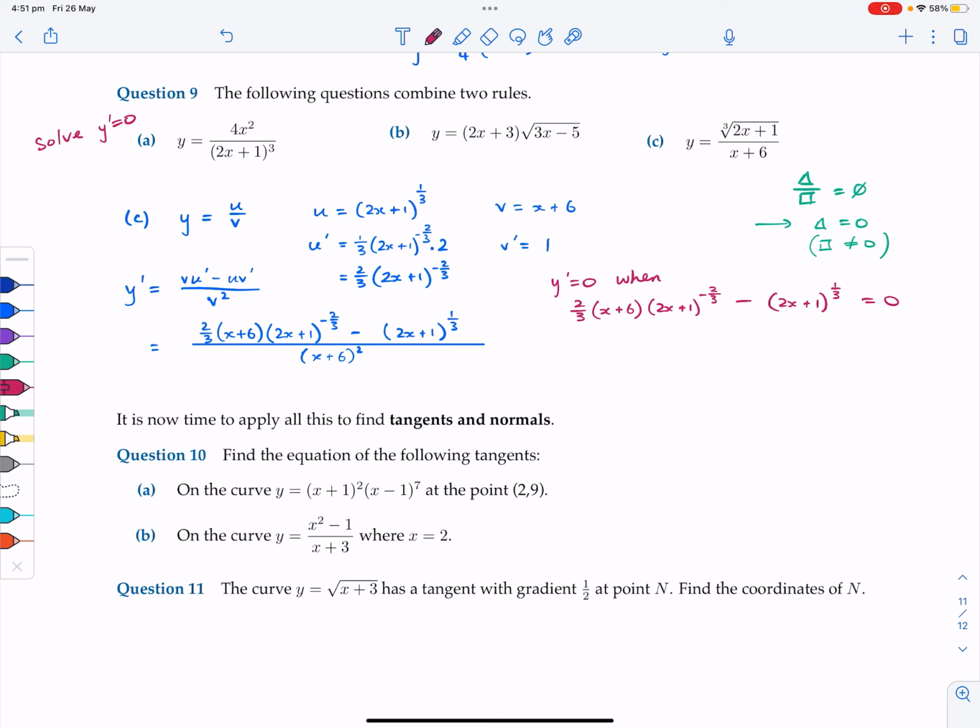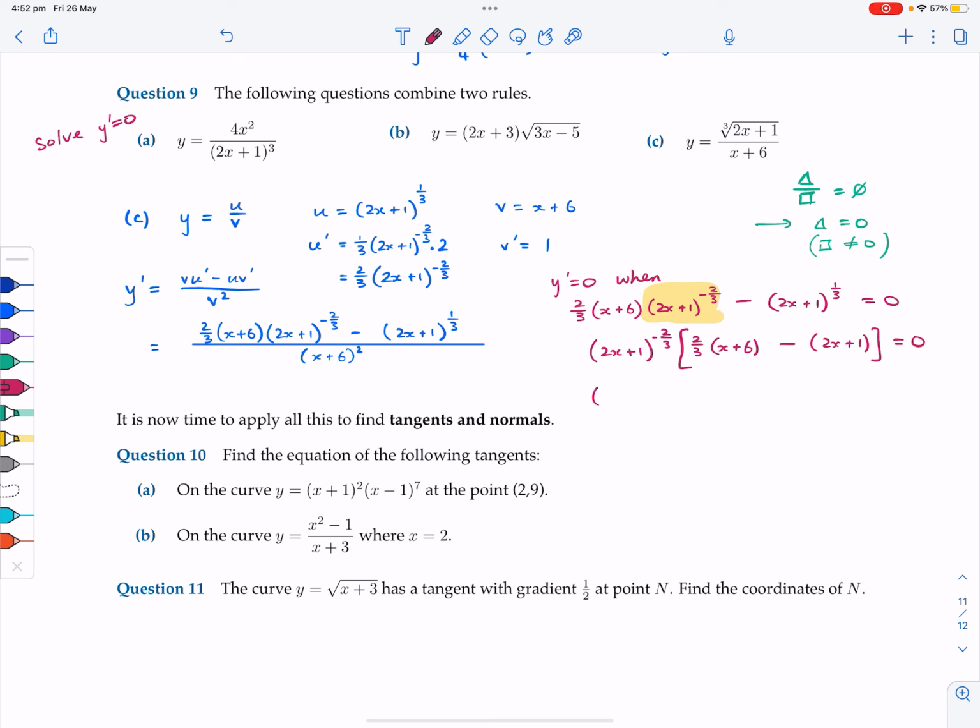So I'm actually going to pull this out, exactly that, as a common factor. So I'll get 2x plus 1 to the negative 2/3, and then I get 2/3 of x plus 6 minus, and then to get this part with that, what I need is to multiply by 2x plus 1, equals 0.